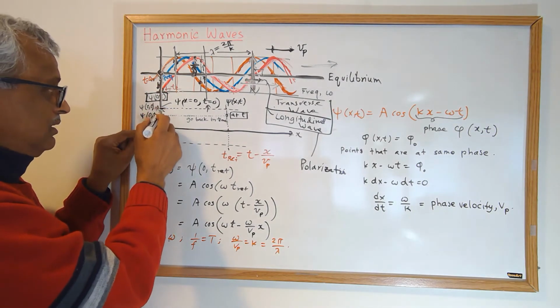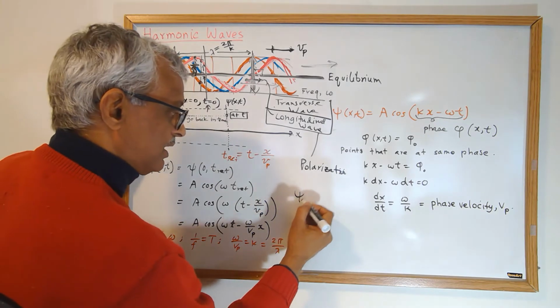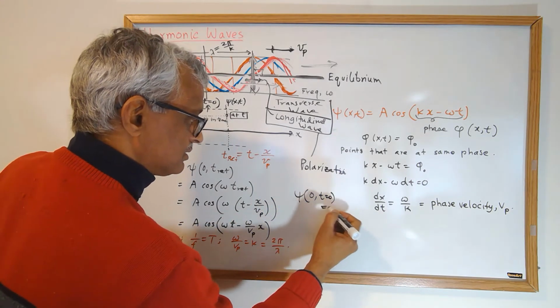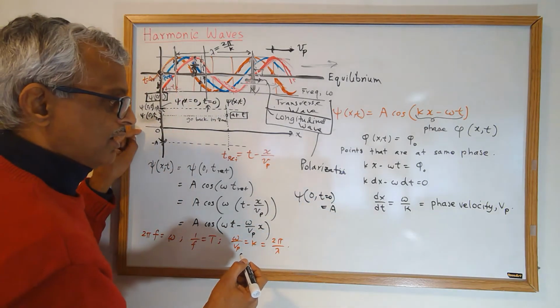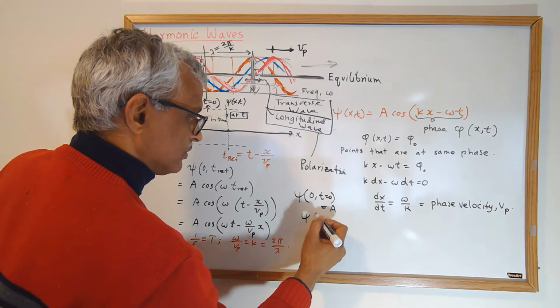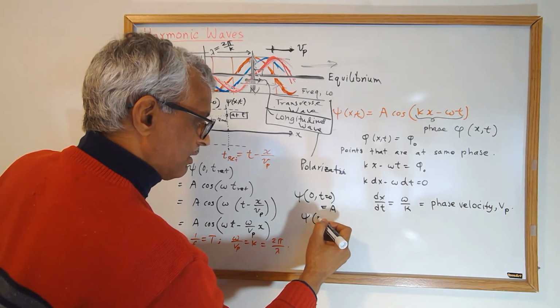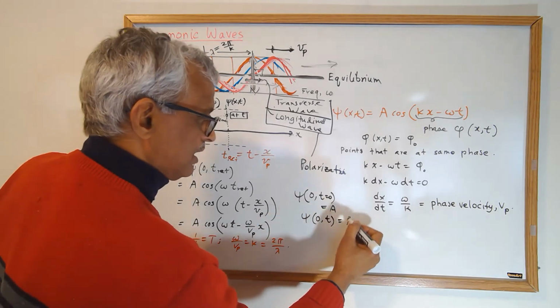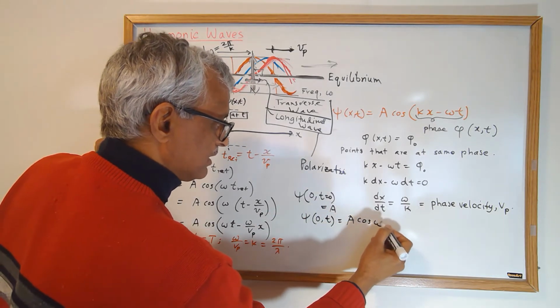Well, you can see if psi of x equal to 0, t equal to 0 is A, and it's going up and down with frequency omega, so we can say psi of 0 at some other time is just A cosine omega t.